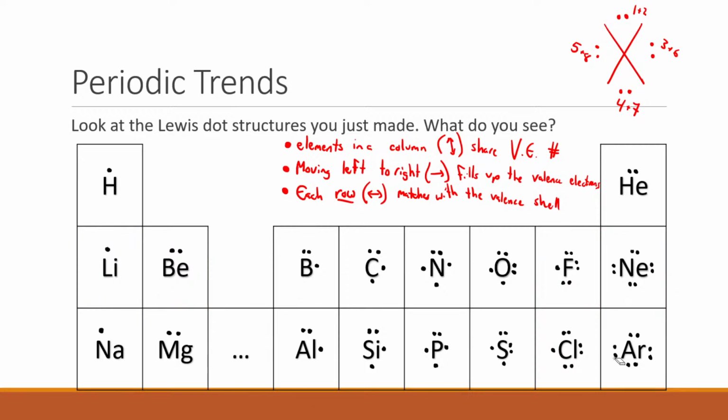Because we can look at these patterns, we can actually make trends. We can look at things that are true for the whole periodic table as we look at it in the macro sense, as we look at it as an entire completed thing.